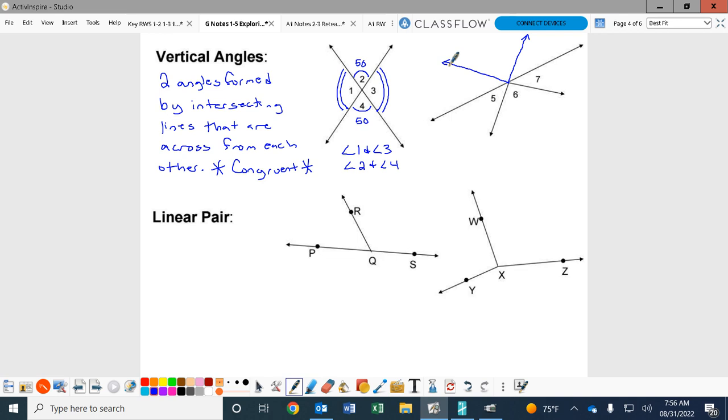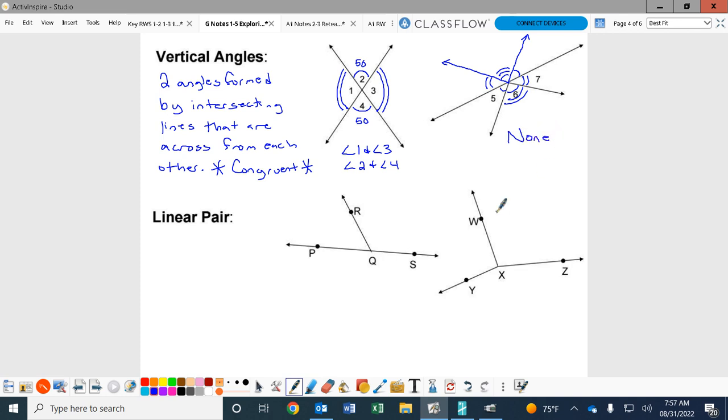Do you see the 5 would actually be across from this angle, the 7 would actually be across from this angle, and the 6 would be across from that angle? Are any of the ones that are numbered directly across from anything? Do they look like it at first? Yes, but are they? No, so you have to be careful. There are no vertical angles in that picture.